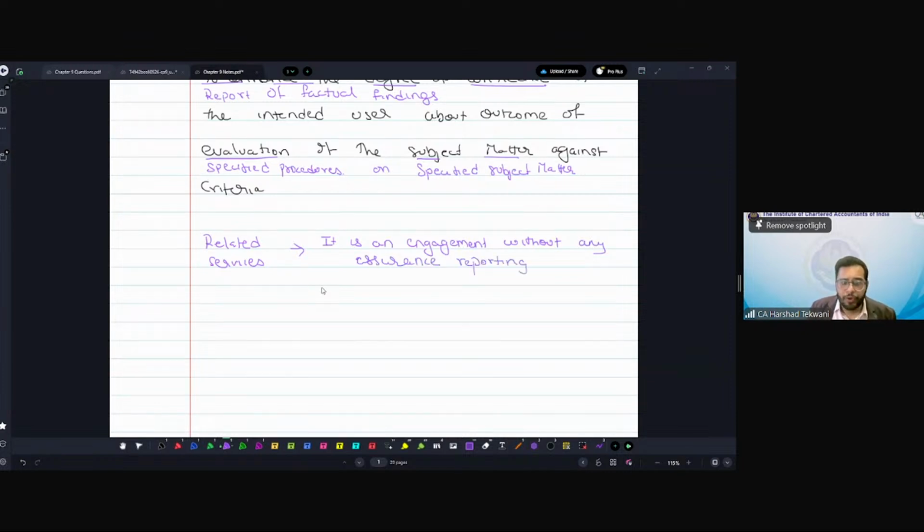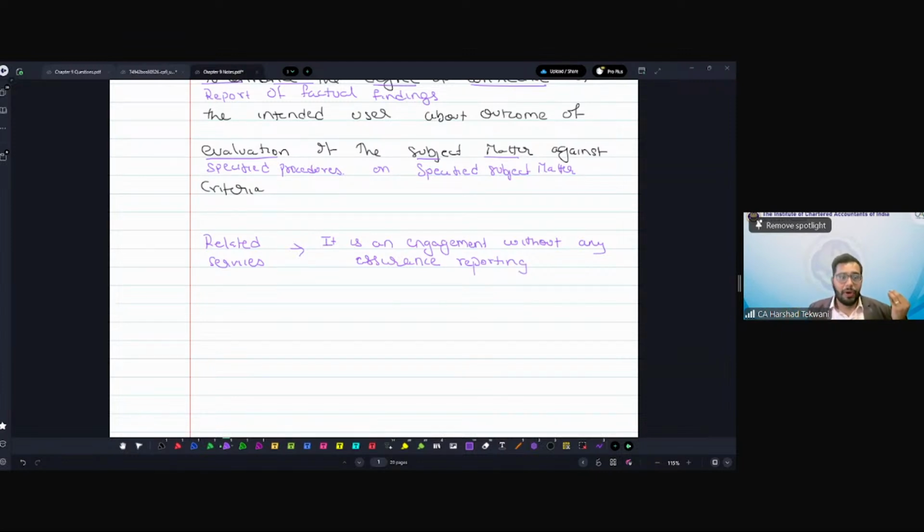It means I'm not going to issue any kind of opinion, any kind of assurance, be it reasonable, absolute or limited, not at all, no assurance involved. Rather, I am performing the procedures which are agreed with the client. Let's say, for example, the client asked me to do simple mathematical accuracy calculations or checks. Fine, I'll do it. Agreed upon procedures, because I'm not issuing any opinion or any assurance in that.